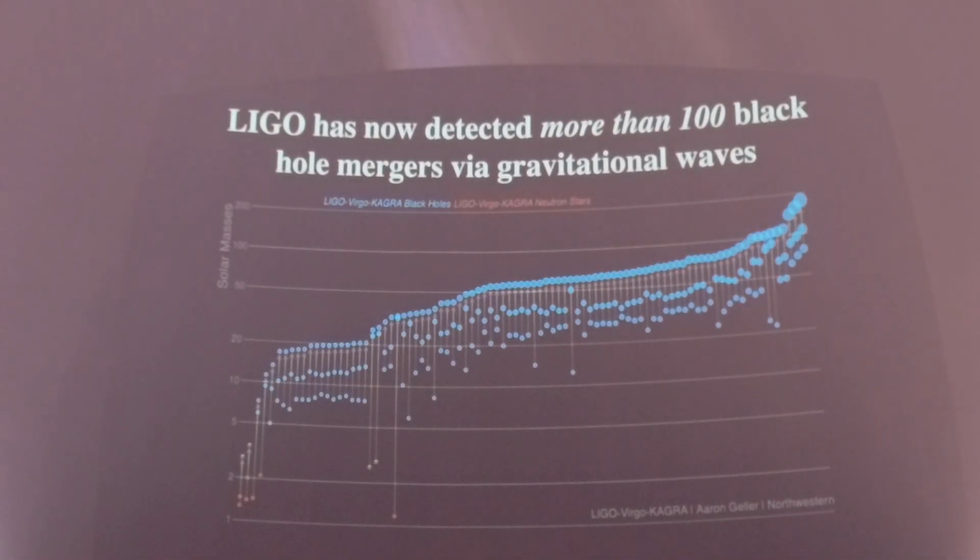And since this first discovery about 10 years ago now, these LIGO detectors have detected over 100 different binary black holes via this gravitational wave method. So this graphic here is simply showing all of the gravitational wave events that have been detected so far, sorted in order of their mass. This is in units of solar masses, the mass of the sun.